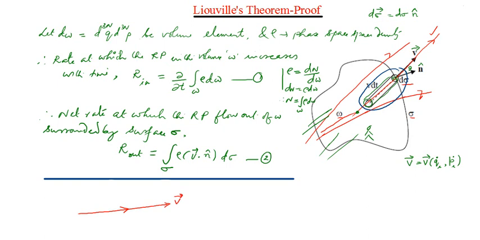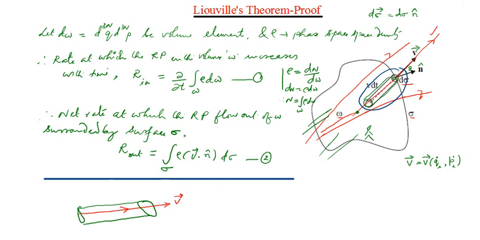Now I'm considering an area, and in a general format, let this be the area. It's an arbitrary area, and what we'll be doing is constructing a small cylinder with the trajectory of the representative points as the axis.